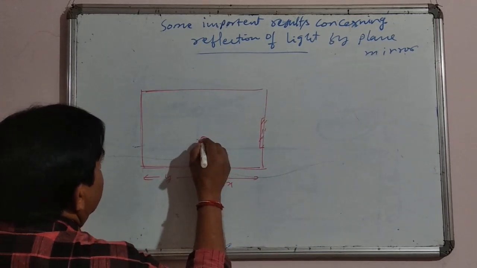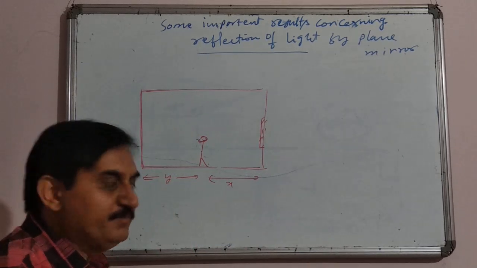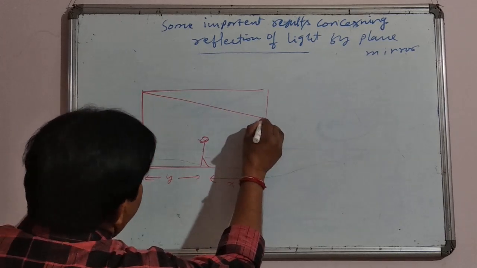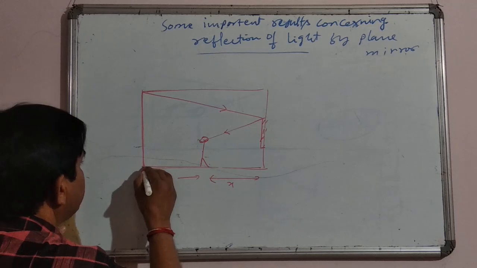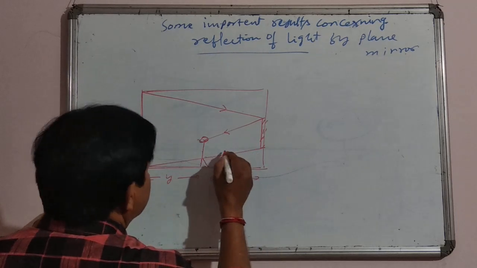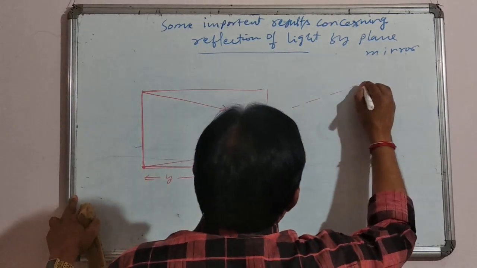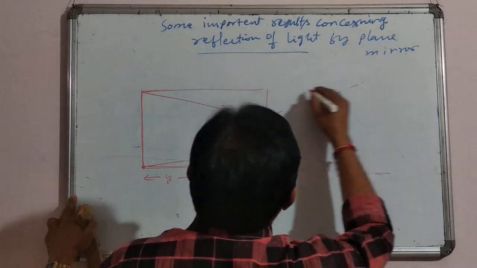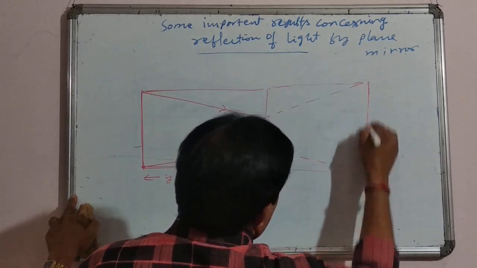See here, the ray diagram from the back wall, see carefully. We are taking the ray from the back wall, from here, the upper edge. After reflection, it reaches the eye. And from here, the lower edge of the wall, after incidence, reflection takes place, and they are extending the finally reflected rays, and the final image is formed for this back wall.